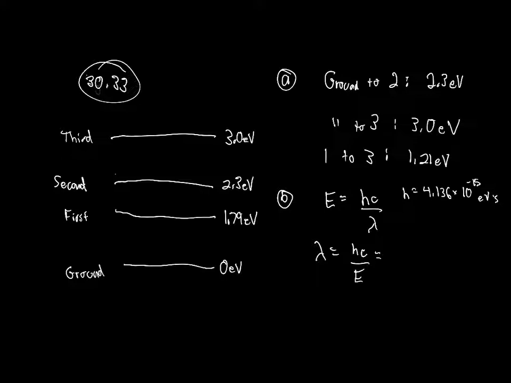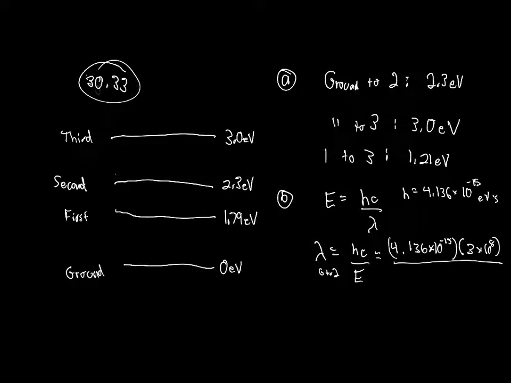If I plug that number in, I can get the wavelength from ground to the second excited state. H is 4.136 times 10 to the negative 15. C is the speed of light. What's the speed of light? 3 times 10 to the 8th.